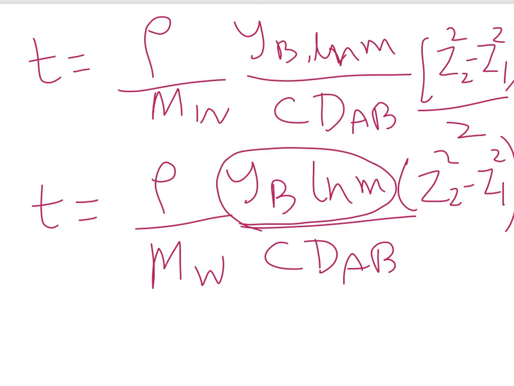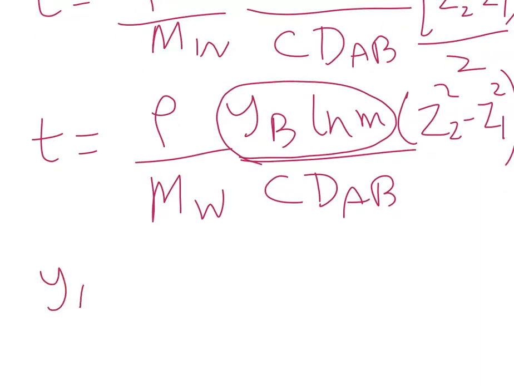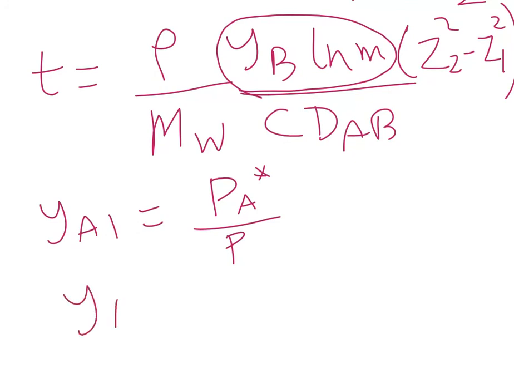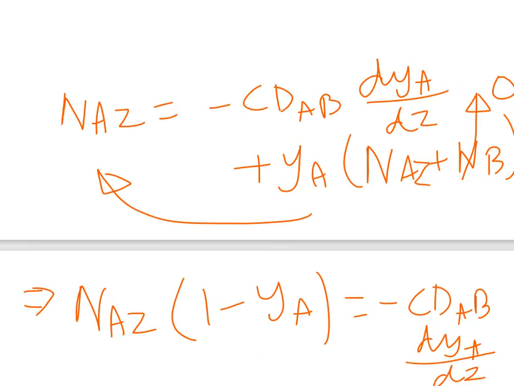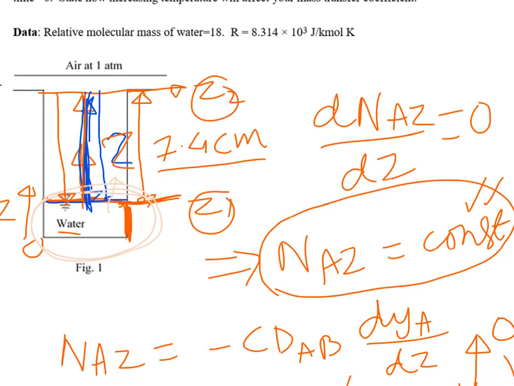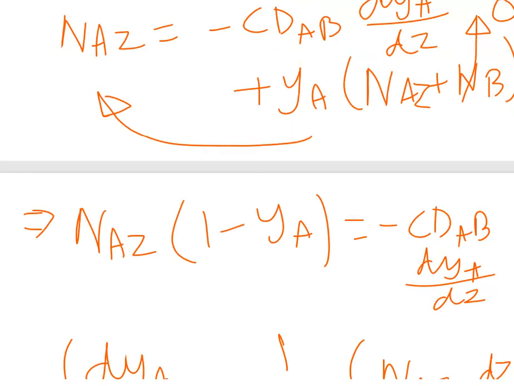From YA1 to YA2. YA1, how do we find? By vapor pressure given, so PA, vapor pressure, divided by total pressure. YA2 in this case, we had the blower at the top, so it is taking away everything. So A is not present at the top of the cell. At the top air is going like this, so at the top YA2 is 0.